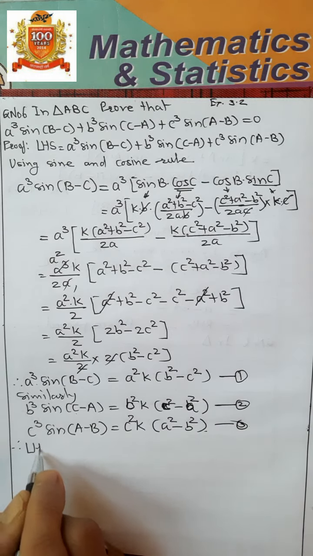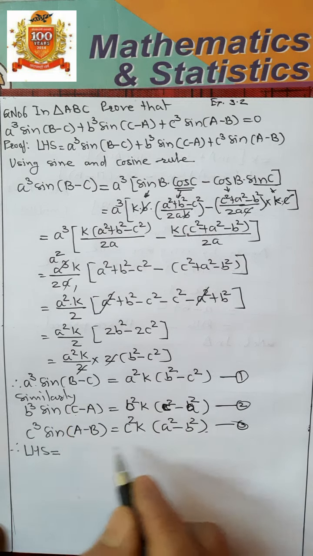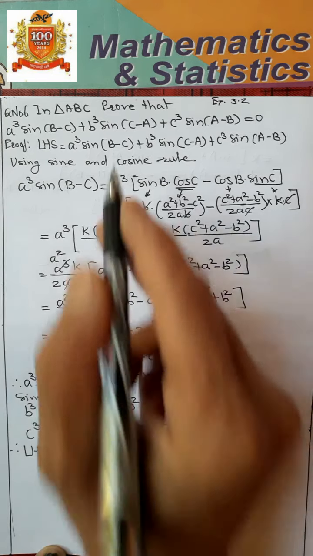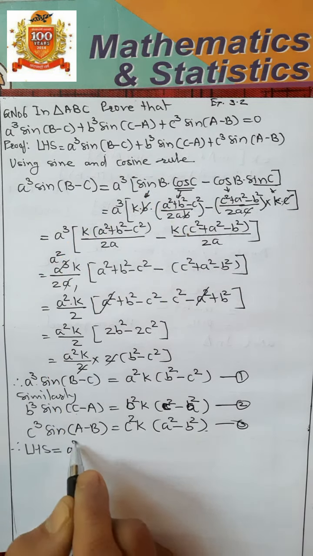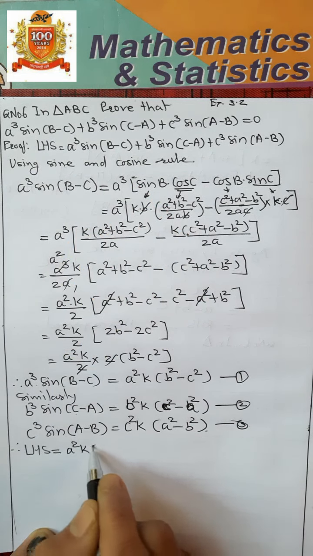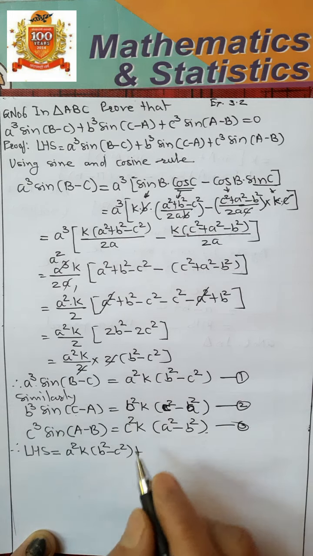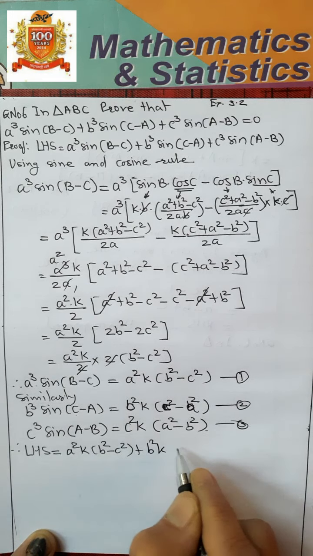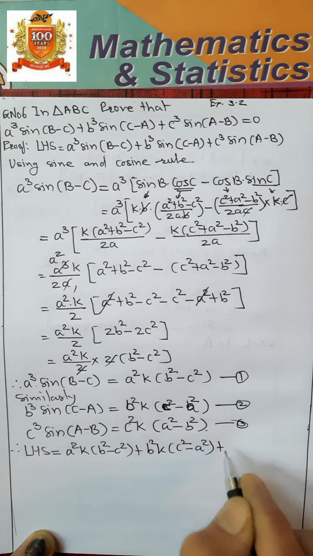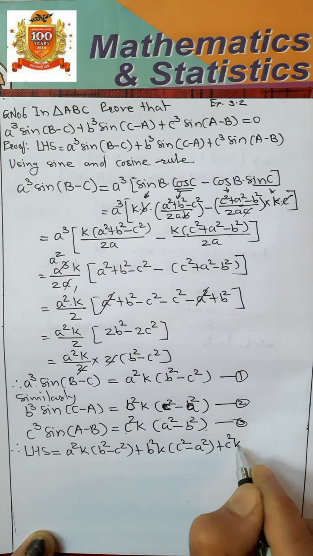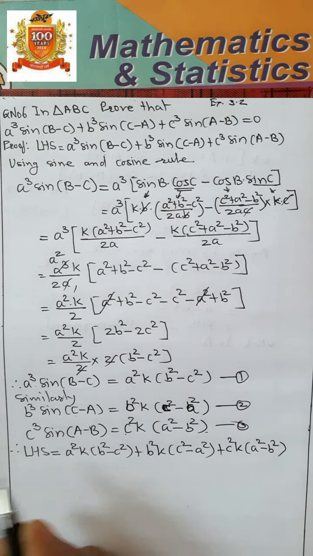Therefore, LHS is equal to, put the values in LHS here, isn't it? a square k in bracket (b square minus c square) plus b square k into bracket (c square minus a square) plus c square k into bracket (a square minus b square).